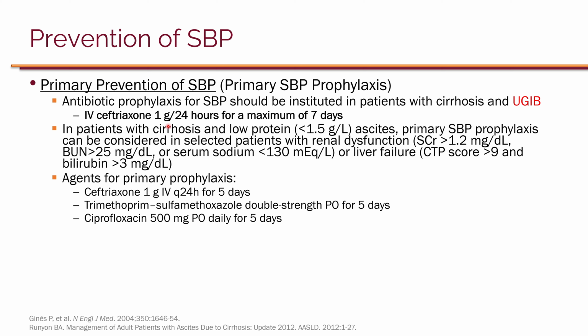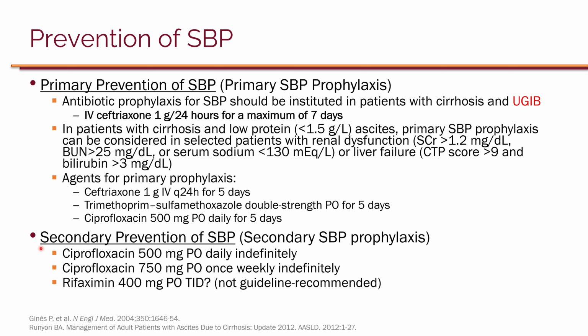And the agent for primary prophylaxis for these patients essentially is ceftriaxone, but trimsulfa and ciprofloxacin have also been used. These are all for 5 days. So essentially, prophylaxis from GI bleeding is a bit longer compared to other types of primary prophylaxis.